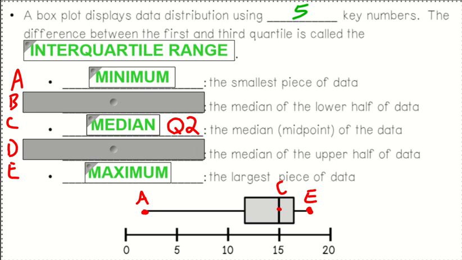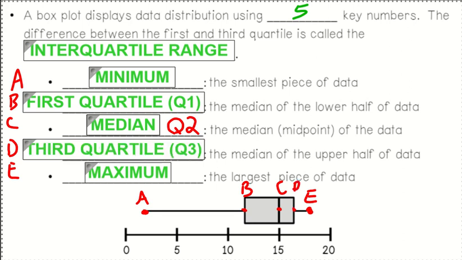Then our B value is the first quartile. That's going to be right there. And our D is the third quartile.